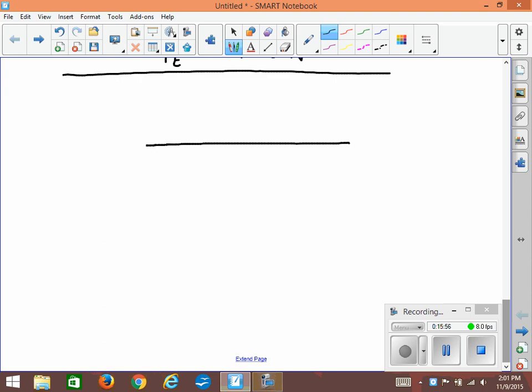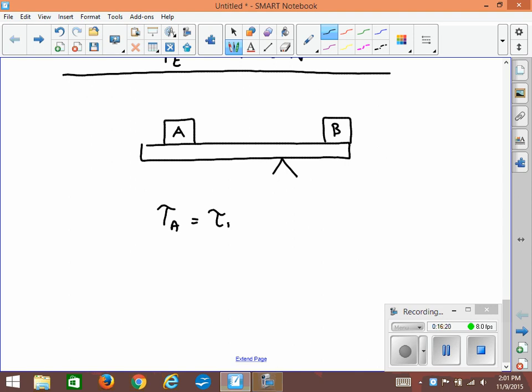Sometimes, if you're talking about two things on a teeter-totter that are balancing, say there's a balance here, well, you could have an object here and another object over here. And nobody's really pushing, but if you want it to balance, let's call this object A and this object B, then the torque of object A has to equal the torque of object B, at least in magnitude.